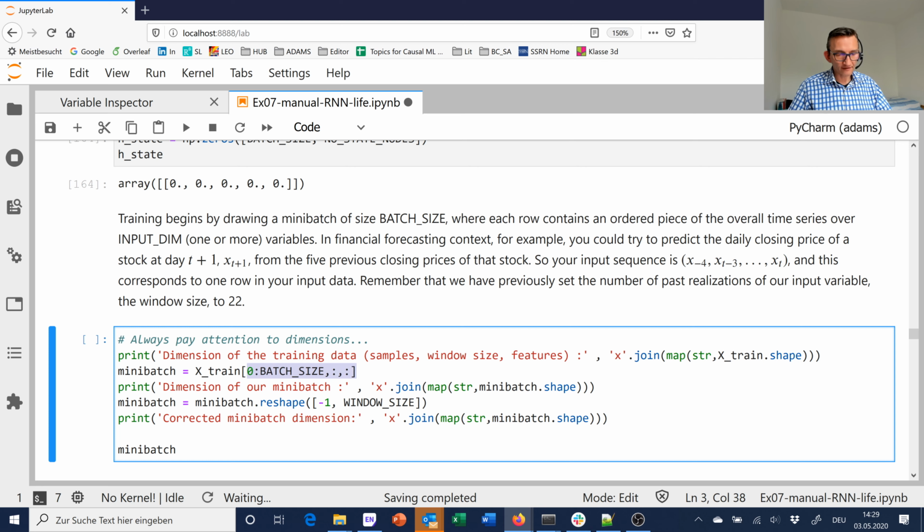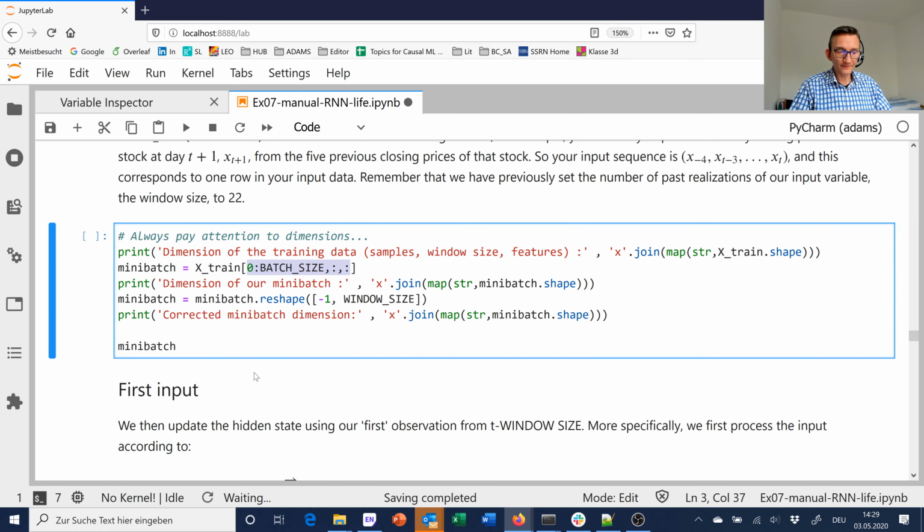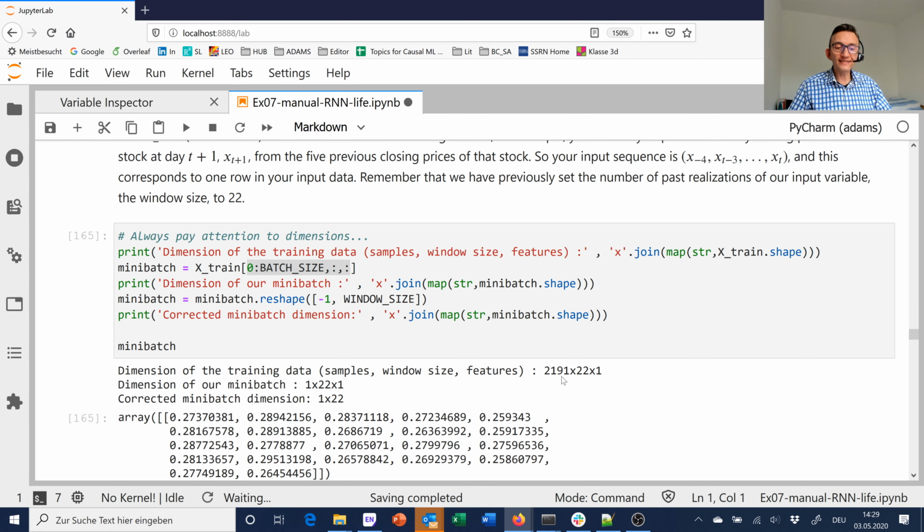But in fact, you see it here. Looking at that index, that mini batch should still be in 3D. That's the training data. I'm pulling out my mini batch, so it's just one sample, and that gives me this bit here. And when I want to do some algebra with my mini batch, it's more convenient to get rid of the third dimension, right?